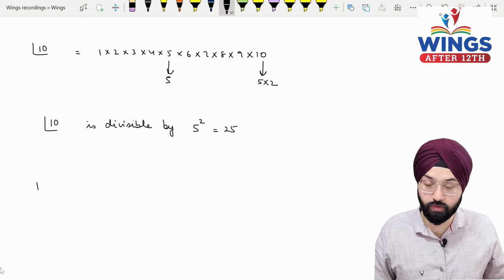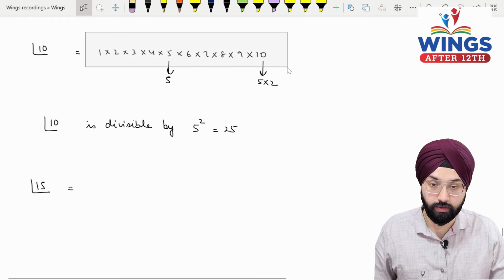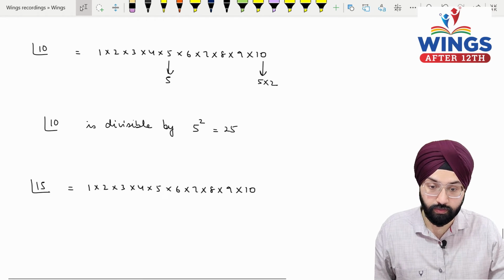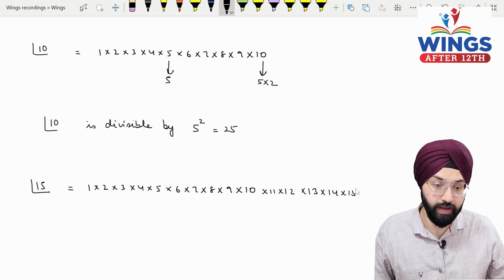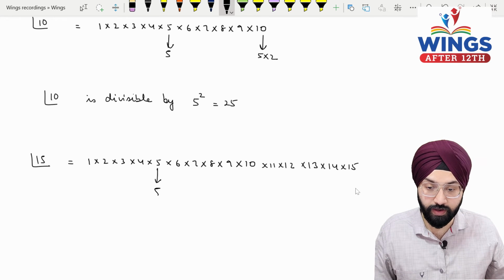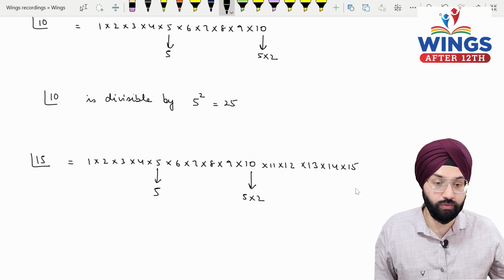Now let's suppose we talk about 15 factorial. This is 1 into 2 into 3 into 4 up to 10 and 11, 12, 13, 14 and 15. So here we have one 5. In 10 we have another 5, that is 5 into 2.